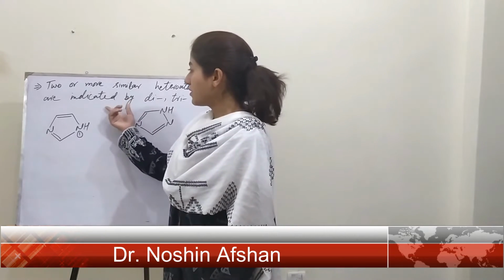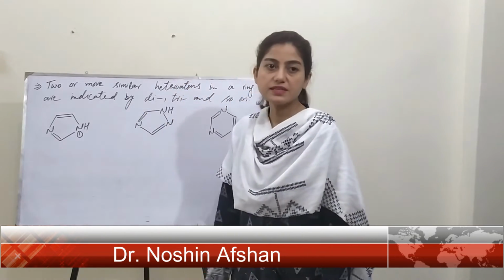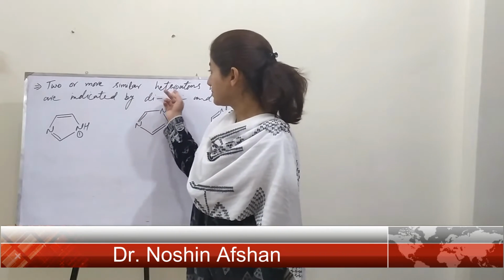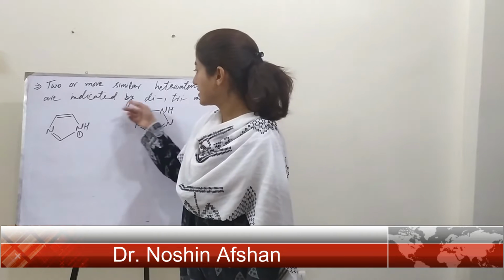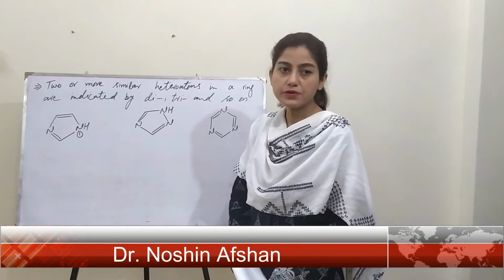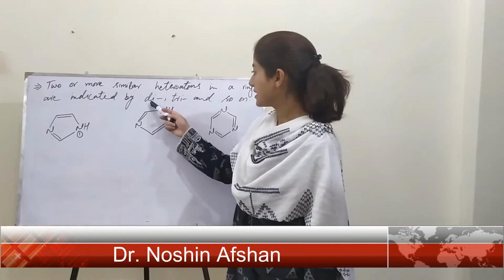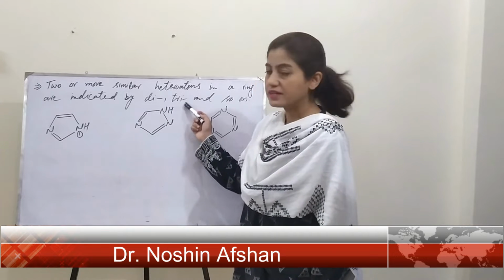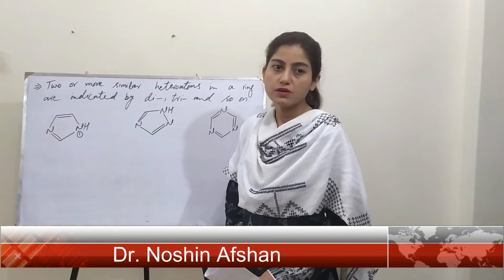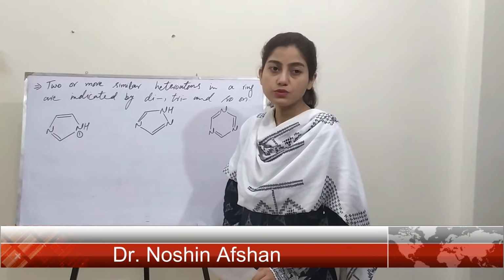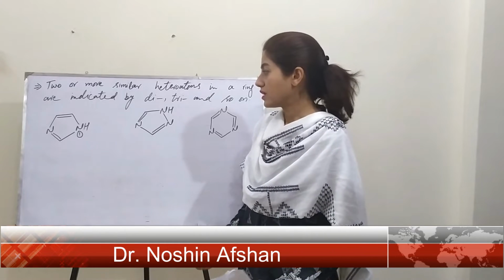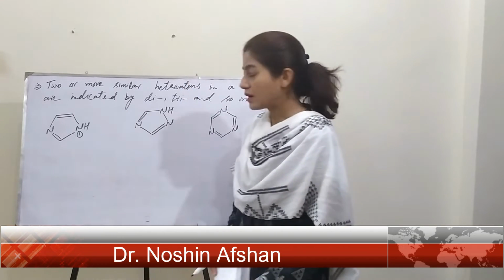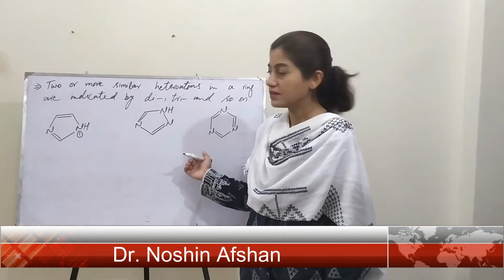So, if a heterocycle contains two or more similar heteroatoms, then these heteroatoms are indicated by using an appropriate prefix, for example, di, tri, tetra and penta for 2, 3, 4 and 5 heteroatoms. So here are some examples for practice.